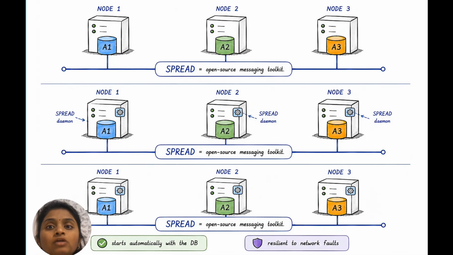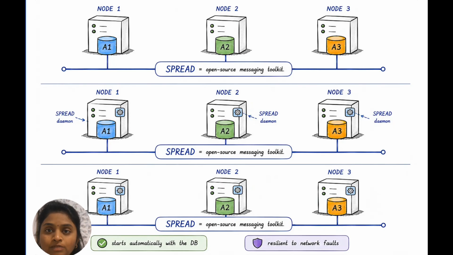Spread is built to absorb it, reforming the cluster membership and keeping the messages flowing, so a glitch doesn't turn into an outage. So that's spread under the hood. Basically an open source messaging toolkit running as a daemon on every node, starting automatically and shrugging off the network noise, the quiet reliable backbone of Vertica's cluster coordination.